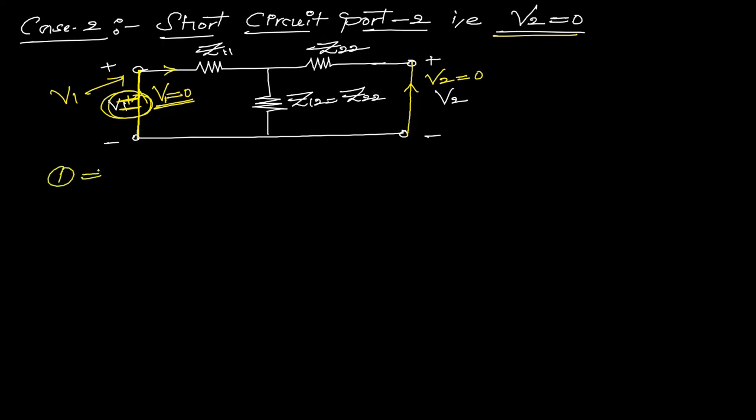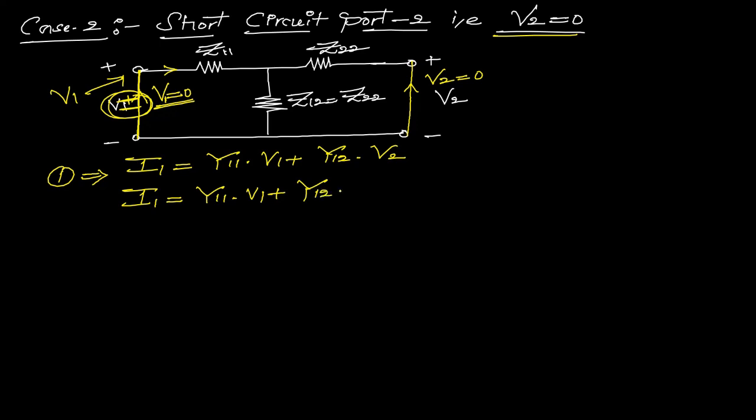Now here, short circuit port 2 means V2 is equal to 0. From expression number 1, substitute the value of V2 equal to 0. That is I1 is equal to Y11 V1 plus Y12 V2. Clear? Now the value of V1 is there in the network, but coming to V2, the value of V2 is 0.